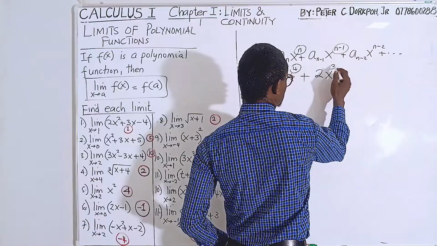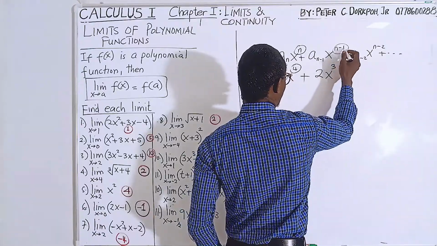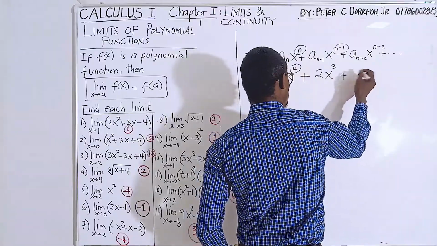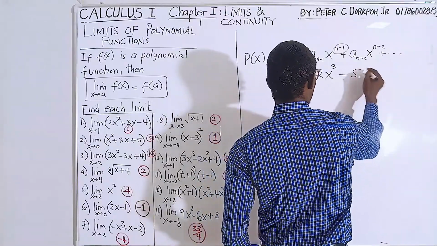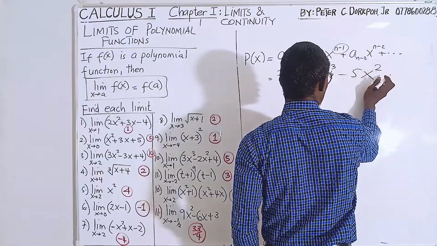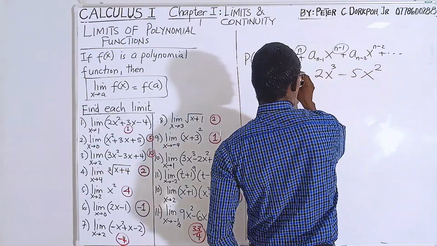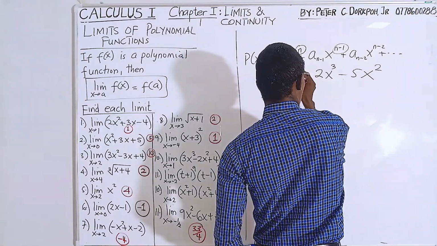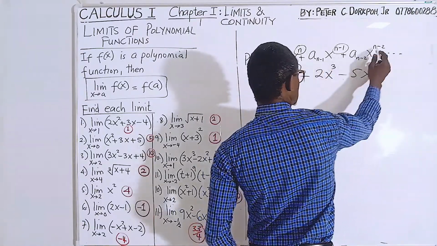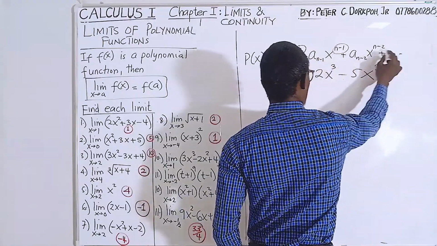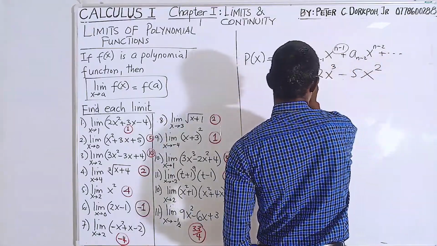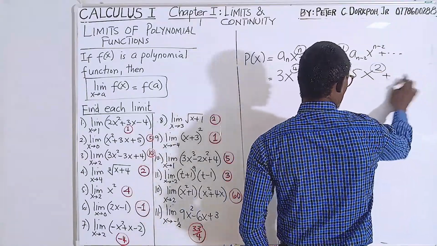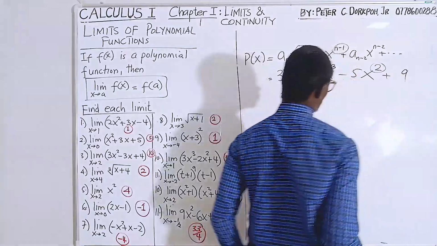For the next term, our power is just n minus 1, which is 4 minus 1, which is 3, plus maybe minus 5x to the power 2. So this is 4 minus 1 minus 1, which is 4 minus 2. It's n minus 2. When you subtract 2 from 4, you get 2, right? And so on. So probably the next one could just be 9, for example.